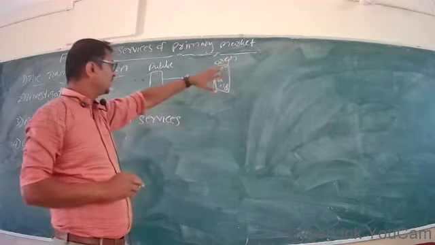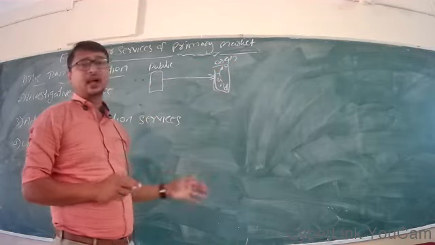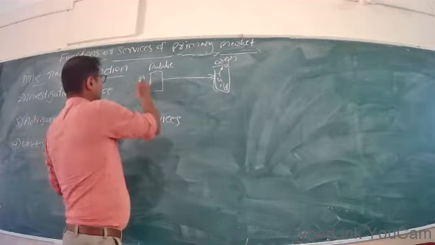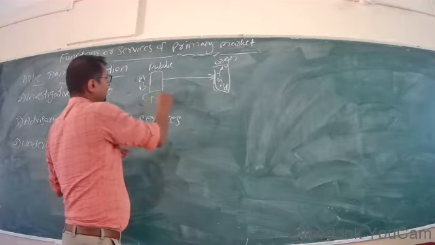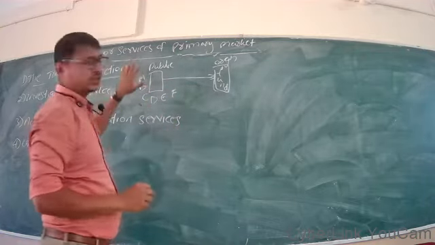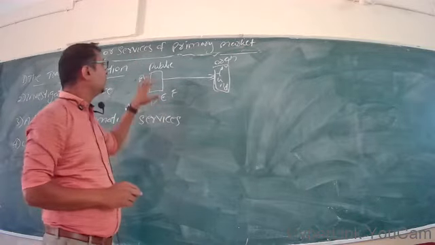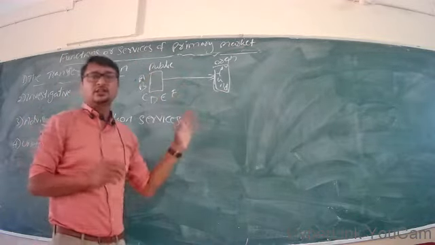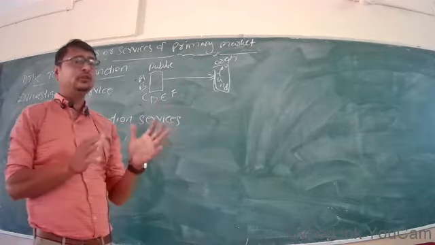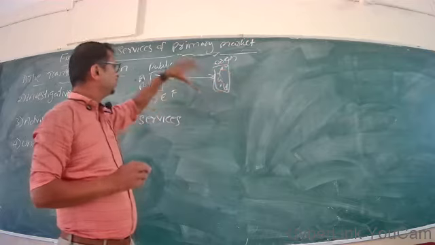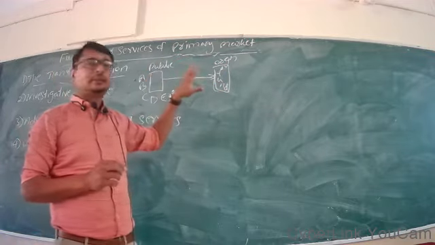This organization requires fund for its business and intends to raise capital. And the general public, Mr. A, Mr. B, Mr. C, Mr. D, Mr. E, Mr. F, are people who have surplus money and intend to invest it in some fruitful objective. This is the place where they can park their surplus money.